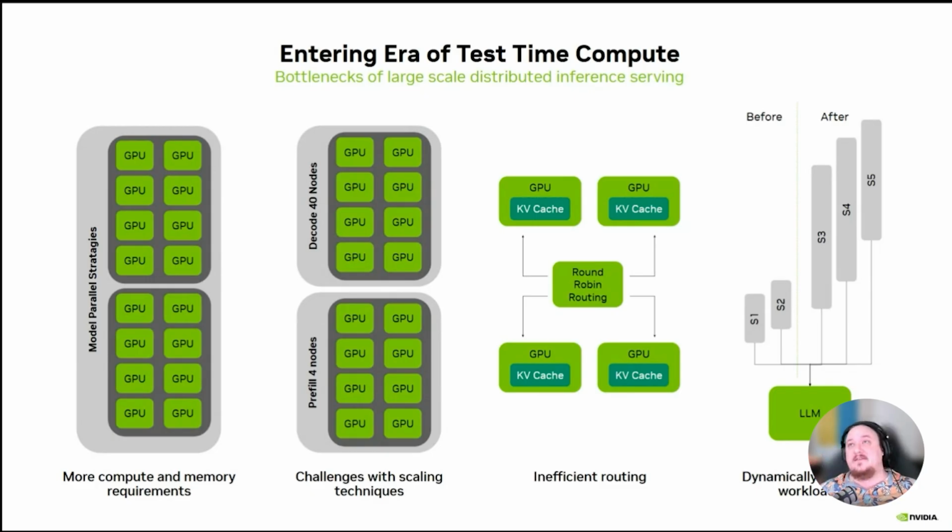If you've used any of these thinking models, from the smallest like NVIDIA Llama Nemotron Nano, all the way to the largest, like your O3 Pros, these models generate a ton of tokens for a ton of people, and so this becomes something that we have to think deeply about. So more compute and memory requirements, challenging scaling techniques, inefficient routing, and dynamically changing workloads are some of the challenges that we're currently facing, again, thanks to the proliferation of test time compute, test time scaling.